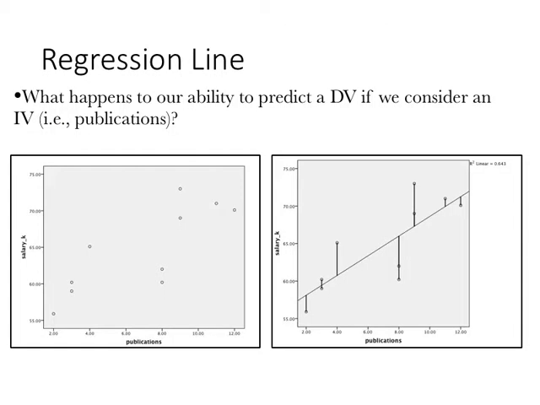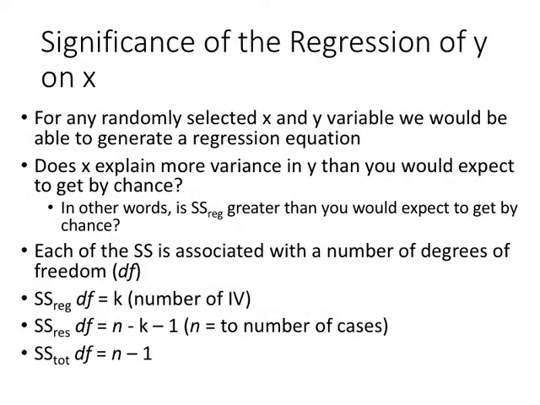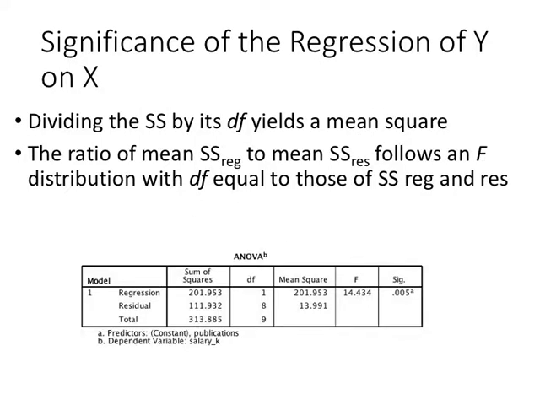So that is maybe a cursory understanding of what degrees of freedom is, but it really is that idea of scores being able to vary. So we have these associated degrees of freedom, and what we do is we divide the sums of squares by its degrees of freedom, which gets us a mean square.